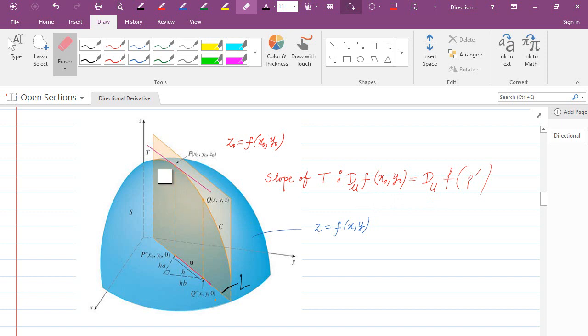So as we walk in the direction of u, this is giving us the rate of change of our elevation. So that's one way to interpret this directional derivative.